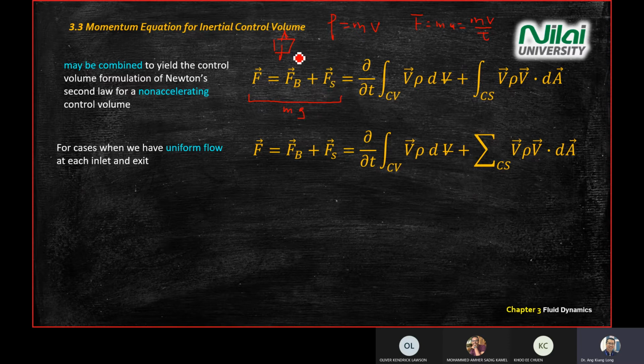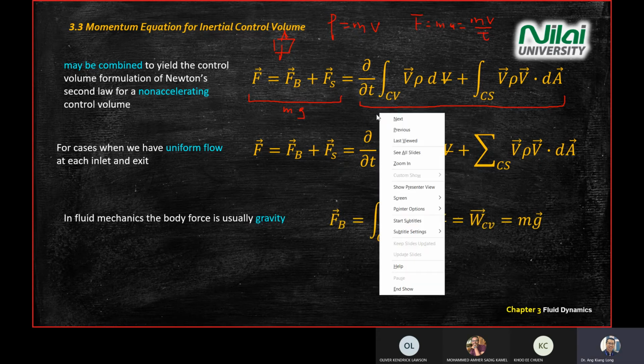Surface force will be all the forces in the free body diagram. And then on the right-hand side, you always remember that the first term here is del t and focuses on the control volume. The second term here is on the control surface.